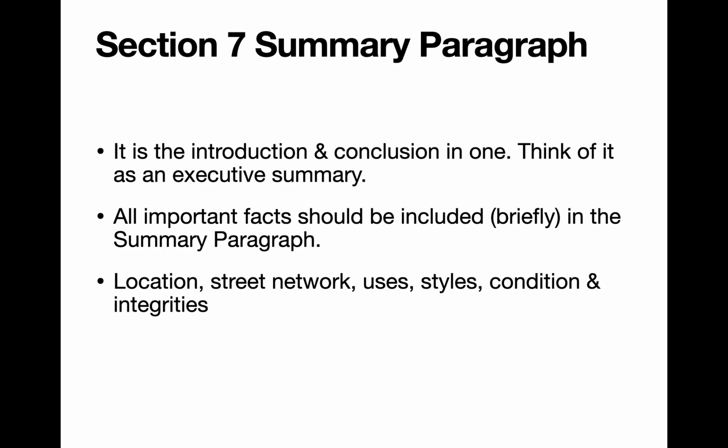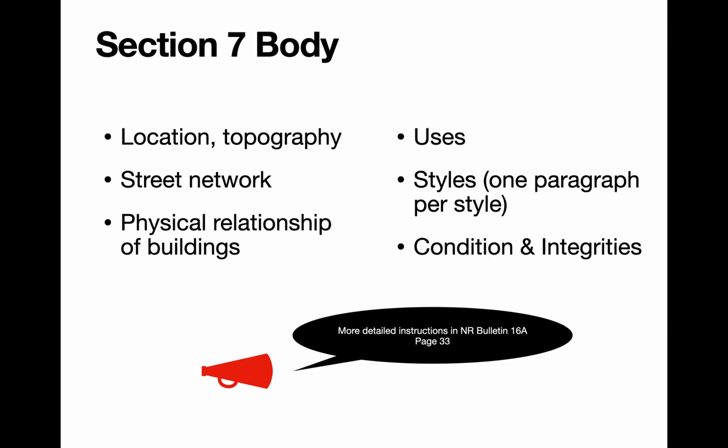Once you have that summary paragraph, you're going to want to write the body of your description. And again, you want to start with the location. So where is it compared to downtown? What's the topography like of the area? Then talk about street network. So is it a grid? How wide are the streets? Are there sidewalks? Is there on-street parking?